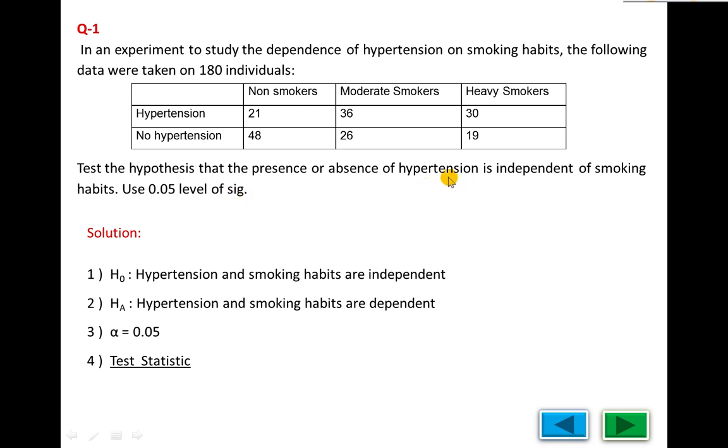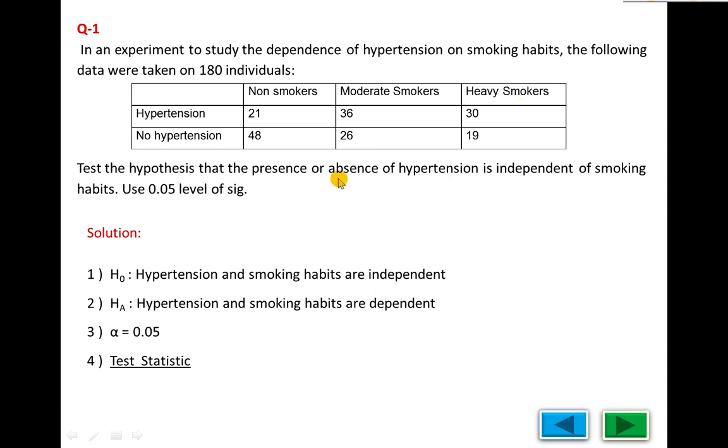Mostly we write the main variables, hypertension and smoking habit. There are two main variables, but each is a group: hypertension, presence or absence, no hypertension. You can also write the subgroups, but in this category you have only two groups, maybe 3, 4, 5. In this one also maybe 3, 4, 5.